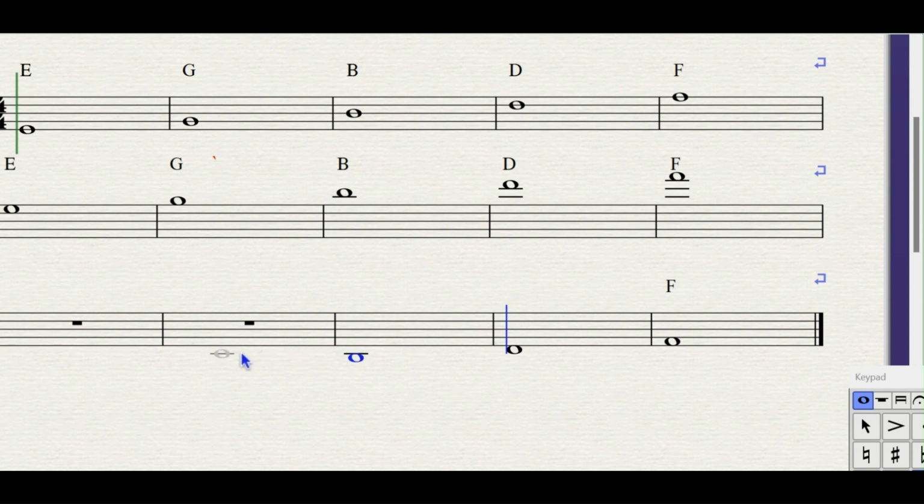B, two ledger lines below the stave, and this is space notes, will be G, and then three ledger lines all the way below your stave in the space is E.